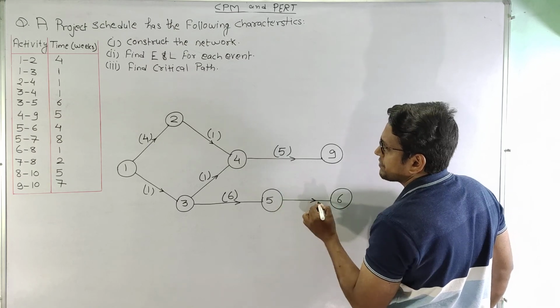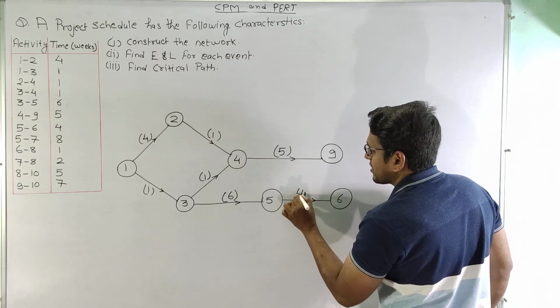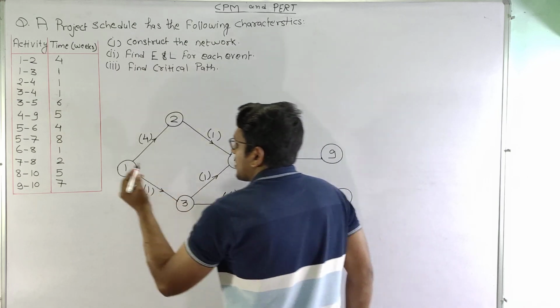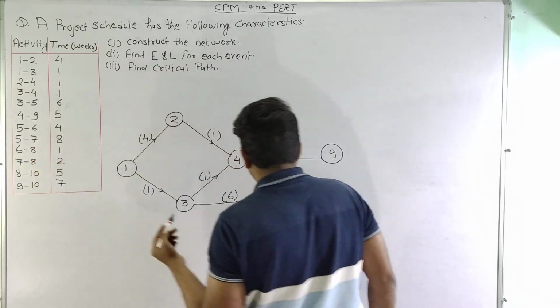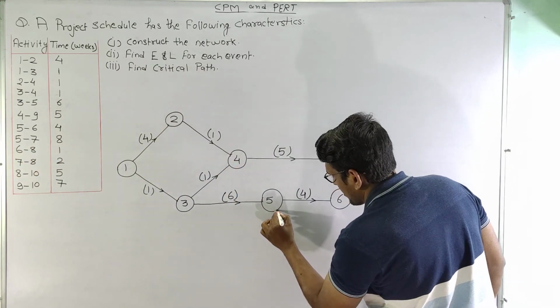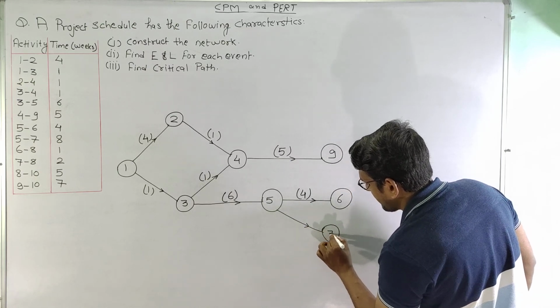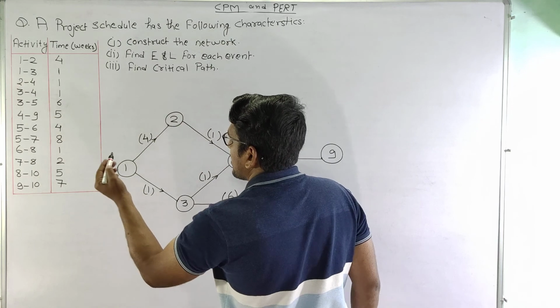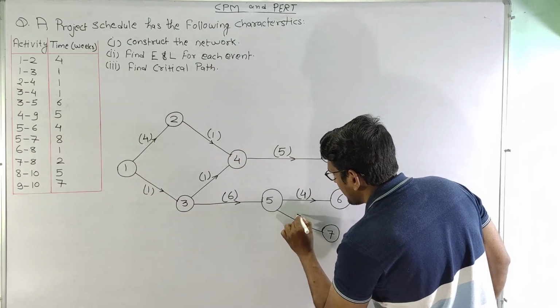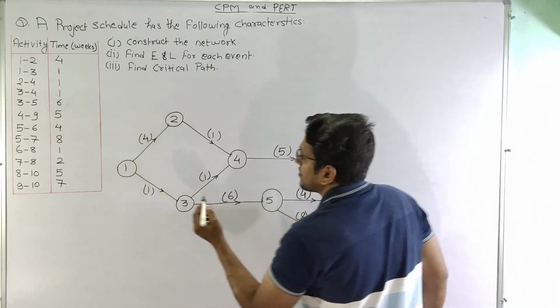This is activity 5 6, with a time of 4 weeks. Now activity 5 7, let us draw it here, this is node 7, and this has a time of 8 weeks.